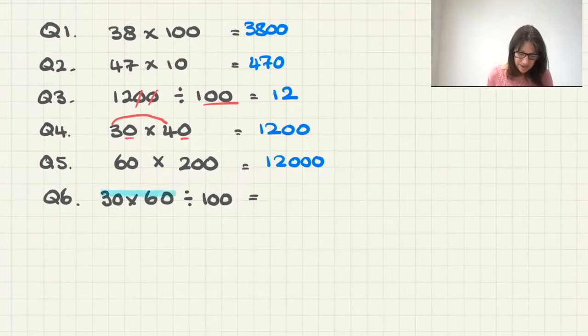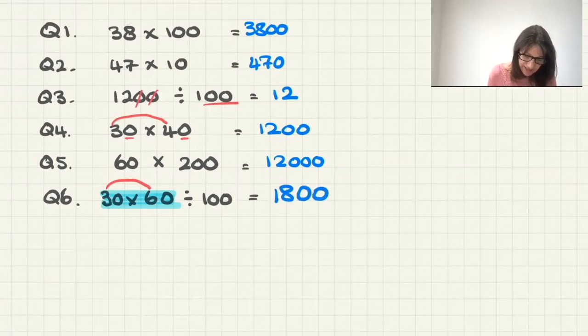So if I look at the first part of this, and forget the divide by 100, just look at the first part. I can work that out. So I'm going to do 3 times the 6, which is 18. And then I've got 2 zeros to add on. Now what I've got is 18,000, which isn't my final answer.